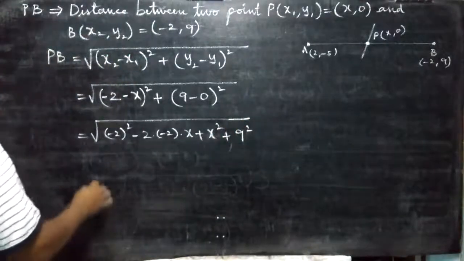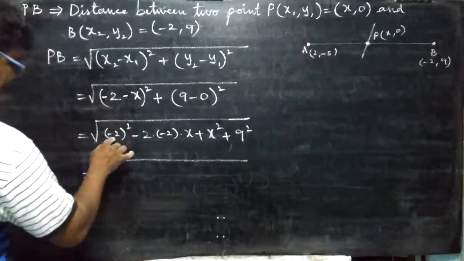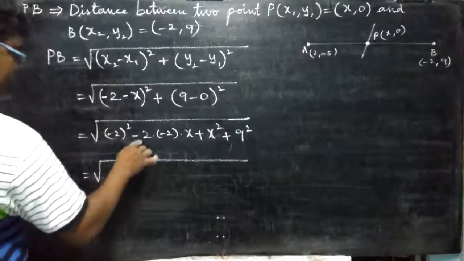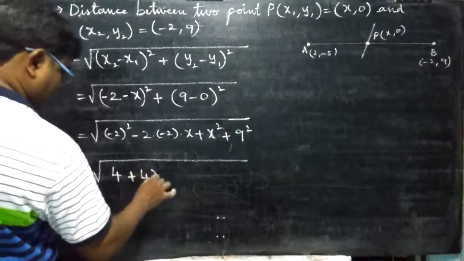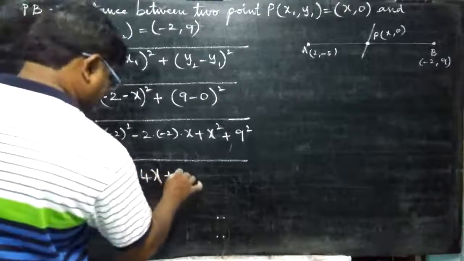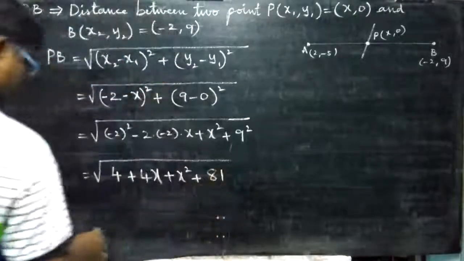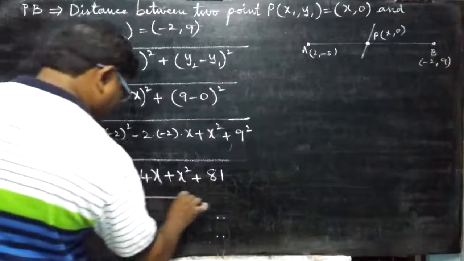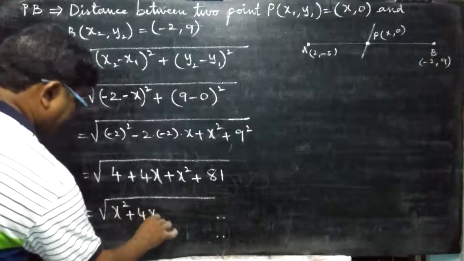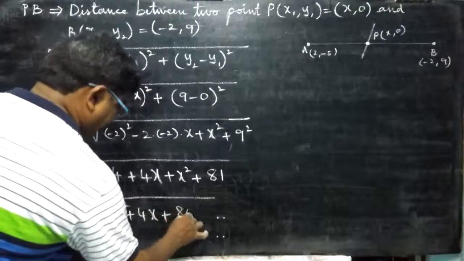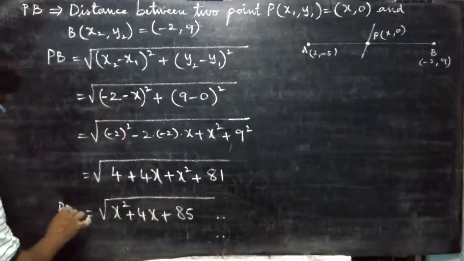That is equal to the square root of, minus into minus plus, 2 2s are 4x, so 4x plus x square plus 9 9s are 81. Now simplify: square root of x square plus 4x plus 85. 4 plus 81 is 85. This is PB we got.